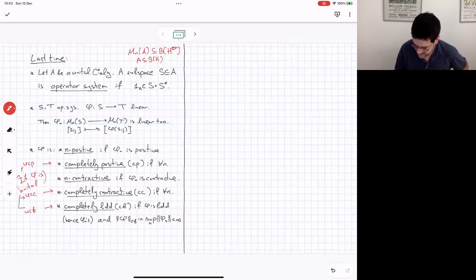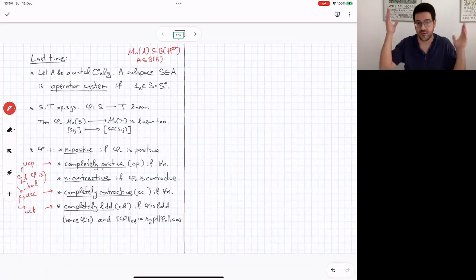So in some sense, the morphisms that will remember the structure we have will be UCPs and UCCs. UCP and UCC are the right morphisms that remember all the structure of this extra baggage of norms and positive elements. So our goal should be to understand UCP and UCCs, okay? But we will start with just positive maps.